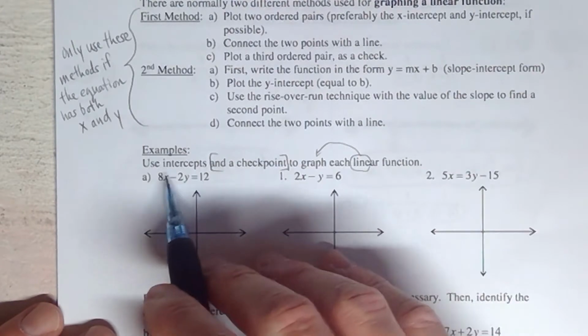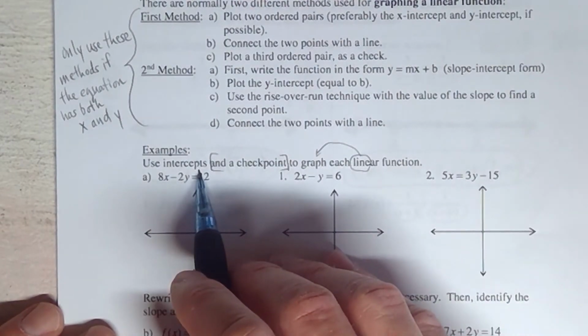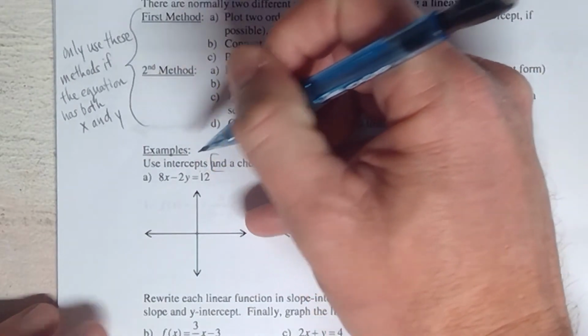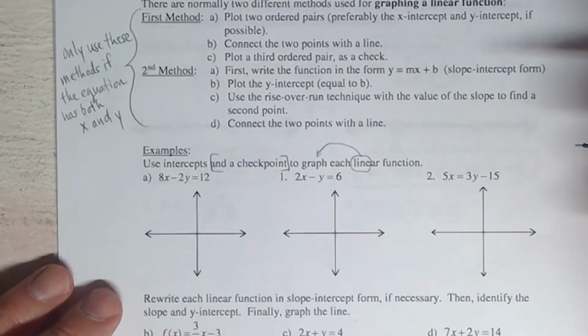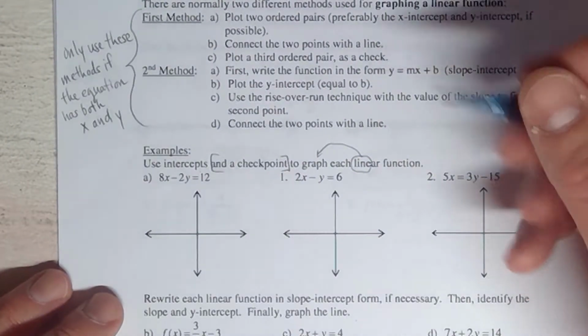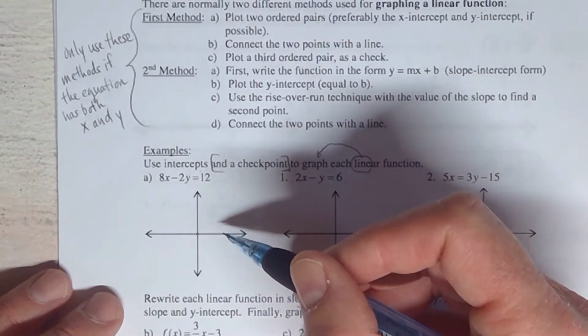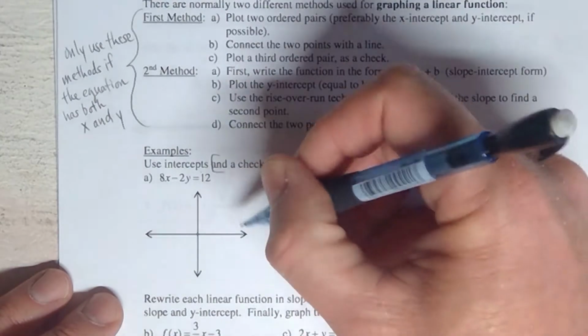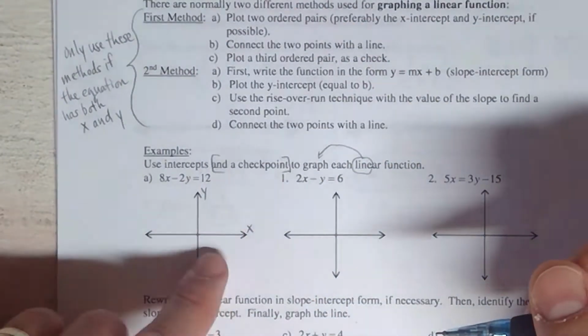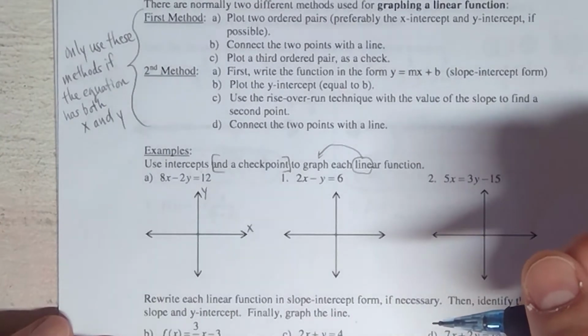Okay, what does it mean when they say find the intercepts? Again, we'll get into this more as we go along, but intercepts are when the graph, the line, actually hits either the x-axis or the y-axis. If it hits one of those two things, that's an intercept.